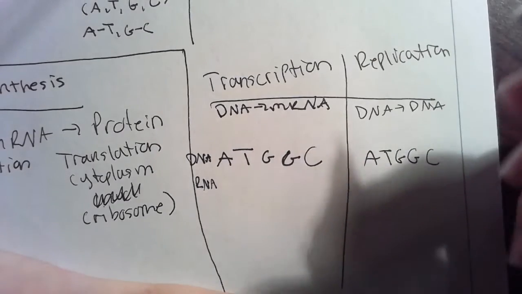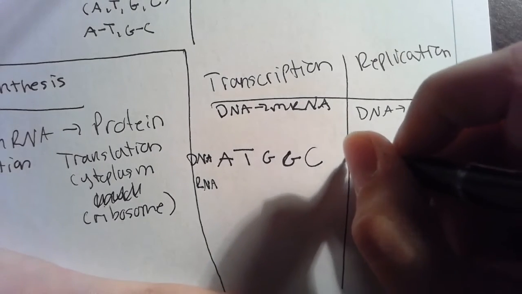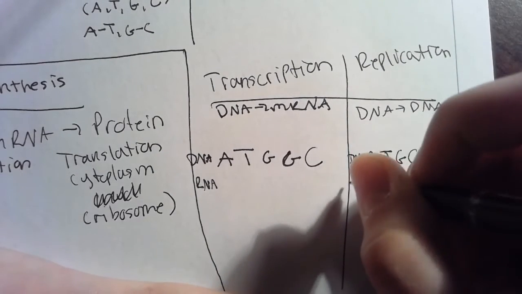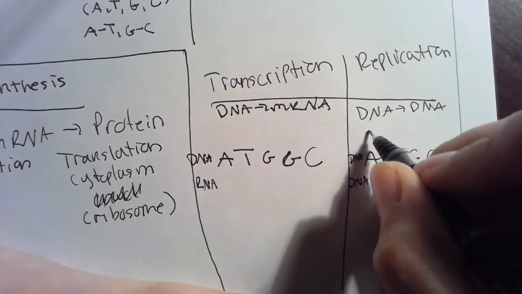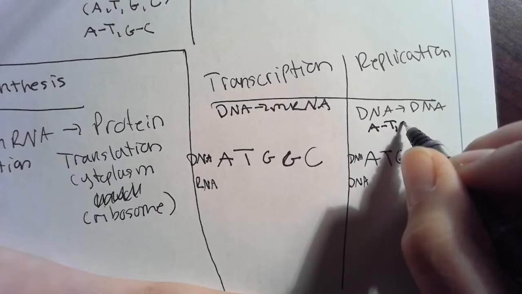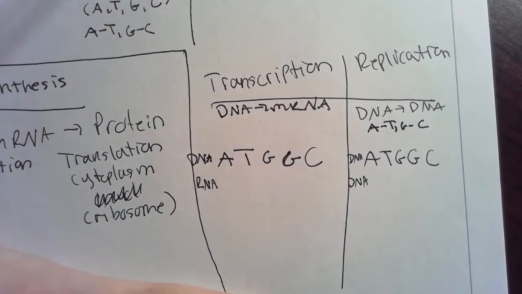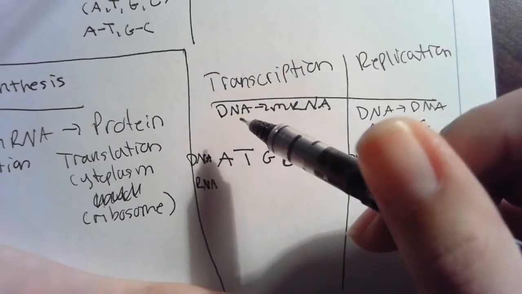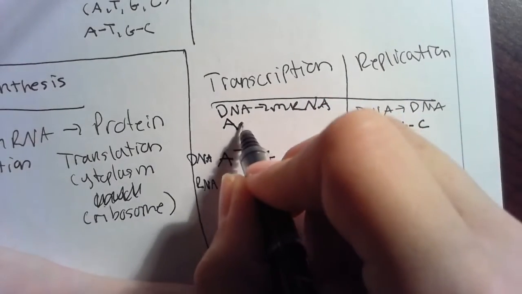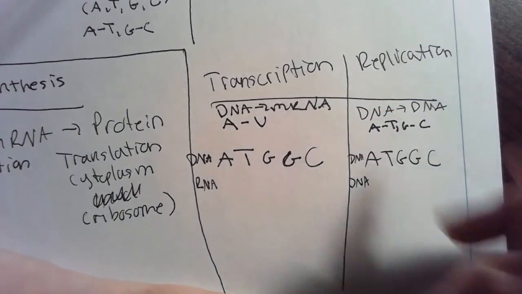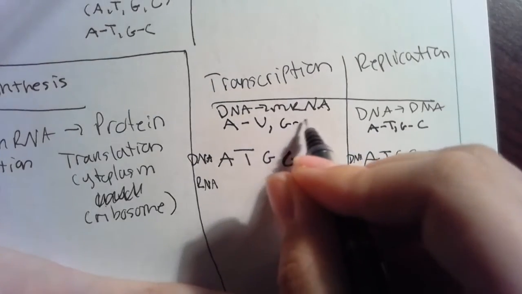Alright, if this is asking me to replicate it, I'm starting with DNA, and I'm ending with DNA. So in replication, I know that bases pair A to T, G to C. Same thing. The difference here is when we go from DNA to RNA, A no longer pairs with T, it pairs with U. G still pairs with C though.